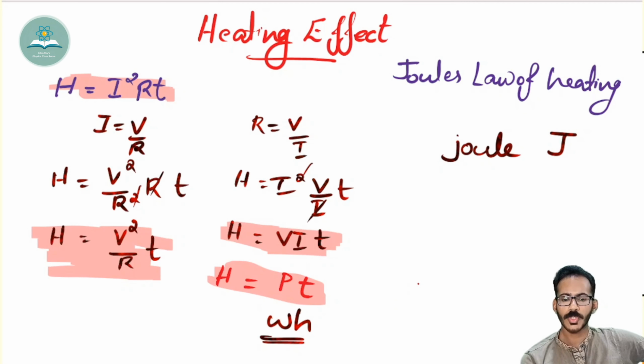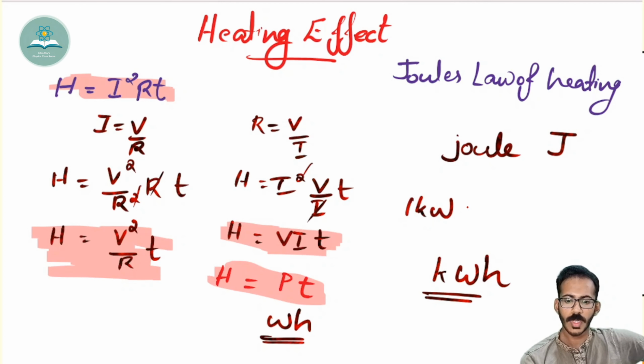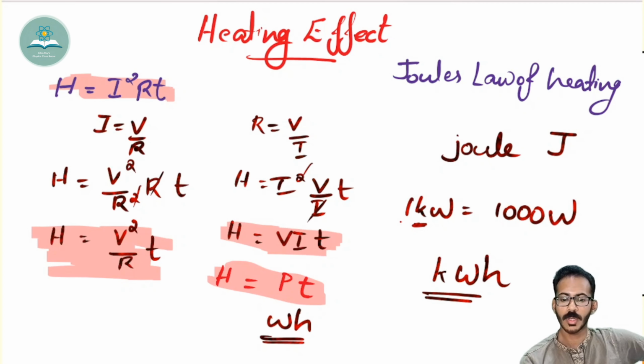The higher unit of watt hour is kilowatt hour. So 1 kilowatt is same as 1000 watt, since kilo stands for 1000.